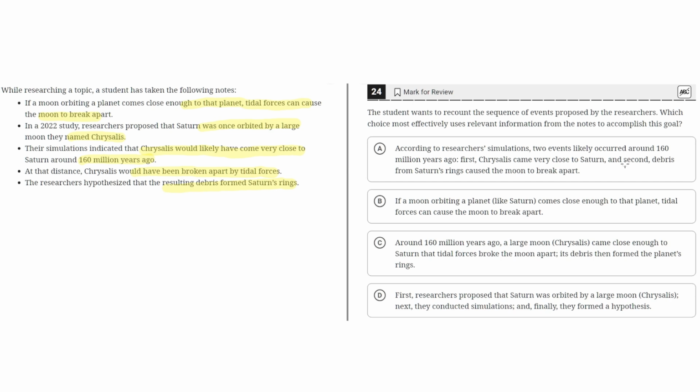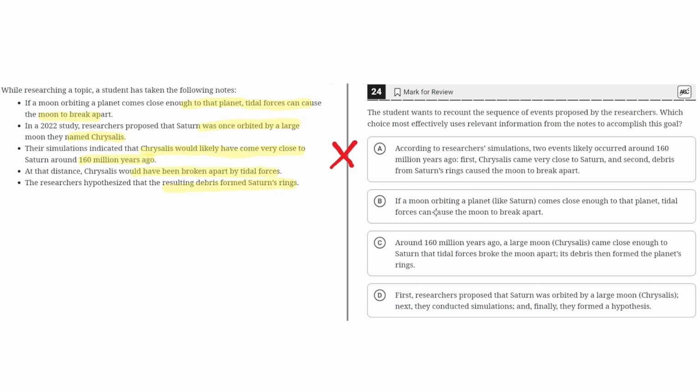And second, this misrepresents the text, where it said that the tidal forces broke Chrysalis apart, and the remnants formed the resulting debris, which formed Saturn's rings. But instead, option choice A says, and second, debris from Saturn's rings caused the moon to break apart, which is not true. So A can be eliminated.